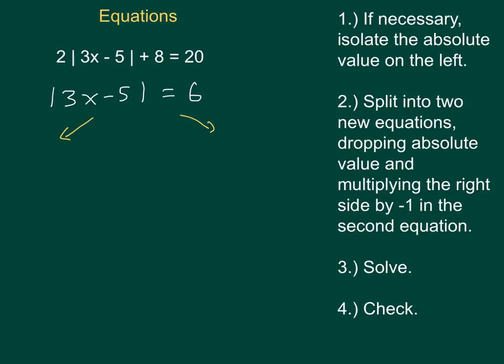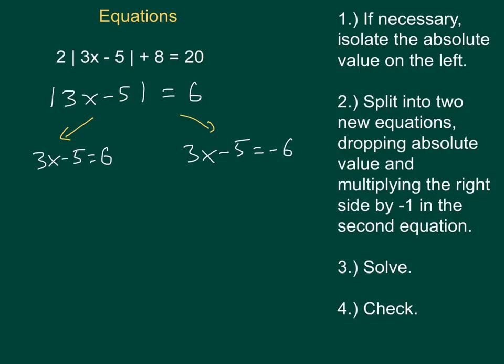When the absolute value of x was 3, we had positive or -3. Now the way to get the absolute value of 3x minus 5 to be 6 is if 3x minus 5 equals 6, or if 3x minus 5 equals -6. And that's where I've multiplied the 6 by -1, as I mentioned here, to get negative 6.